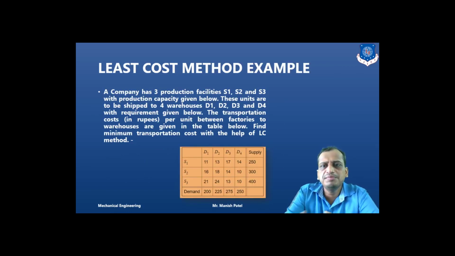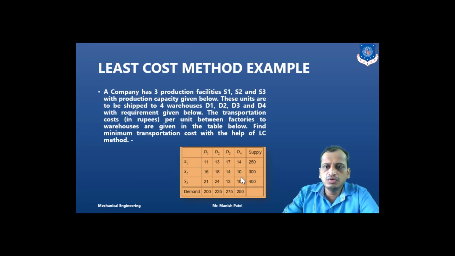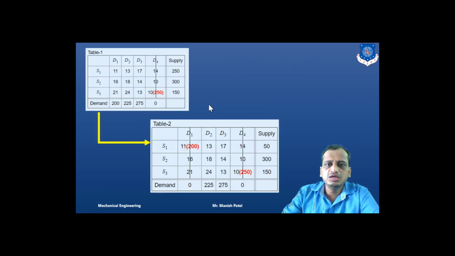Here a company has three production facilities, S1, S2, and so on. It is the same example, but we will solve it with the help of the least cost method. If you see all the cells, the minimum cost here is 10. But if you see carefully, the allocation here is 250, so you can put 250 here so that the minimum transportation cost is fulfilled.